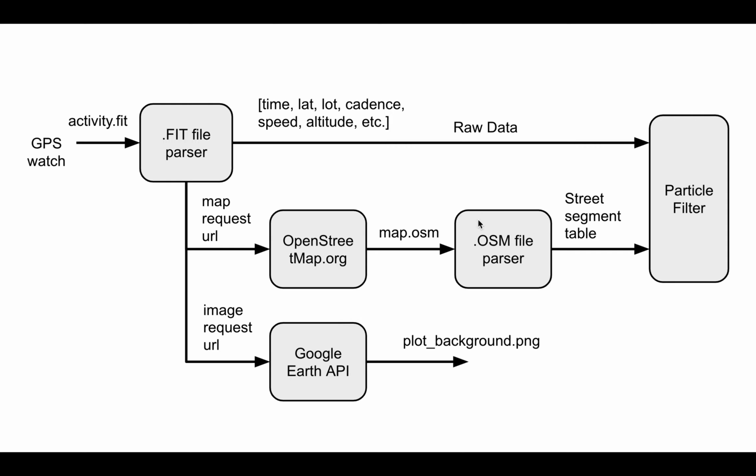To filter out all this unnecessary information, I wrote my own OSM file parser, which reformats this XML formatted data from the OSM file to a street segment table, like the one I described last week in my literature review, which can more easily be used in the particle filter. Another output of the fit file parser is an image request URL, from which I can get a satellite image of the region of interest from the Google Earth API.